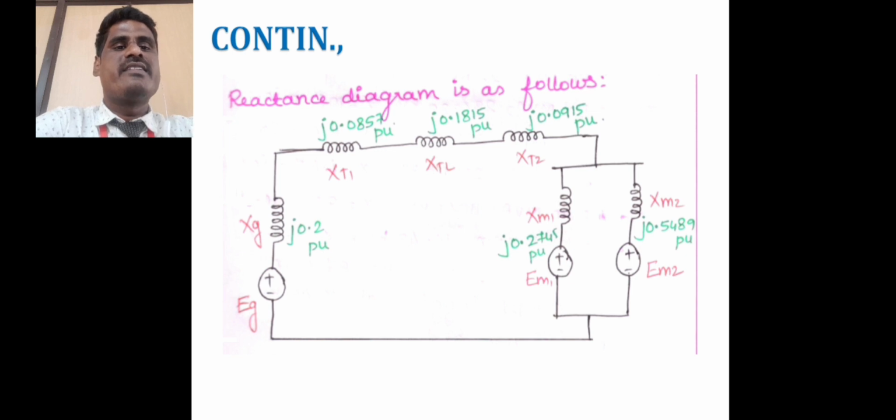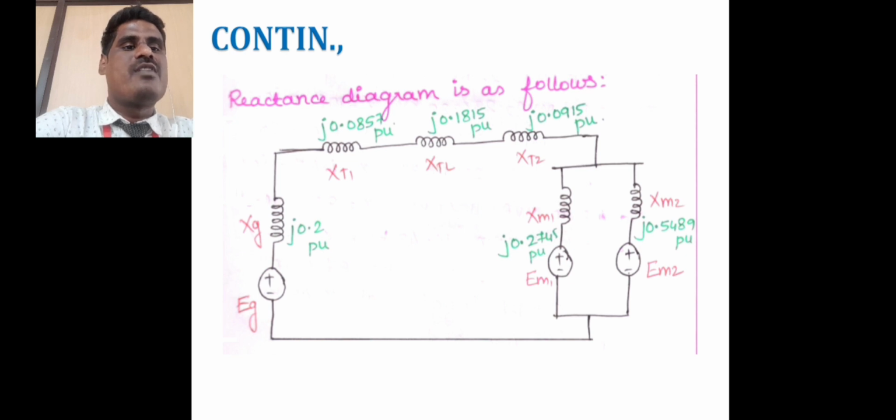First generator is present. So, in this case EG is j0.2 per unit and the generator is directly connected with transformer 1, T1, and the value is j0.857 per unit. After connecting transformer 1, directly we connect the transmission line, j0.1815 per unit, and afterwards transformer 2 is connected, the value is j0.0915 per unit.